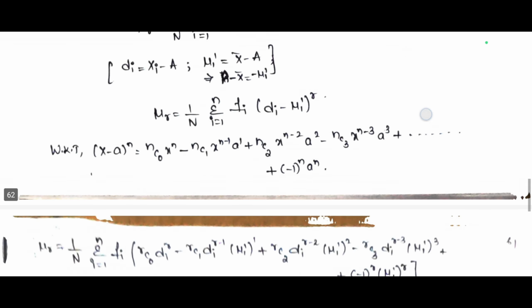Do we have any formula to calculate (x minus a) whole to the power of n? What is the formula in expansion? In binomial expansion, we can say nc0 x to the power of n minus nc1 x to the power of n minus 1 into a to the power of 1, and so on, plus minus 1 whole to the power of n into a to the power of n.